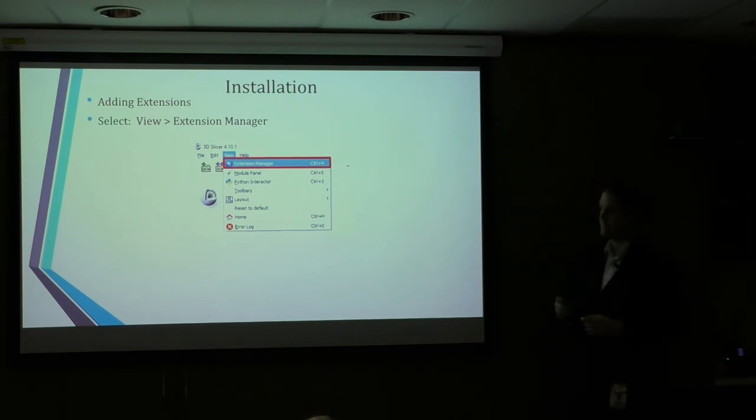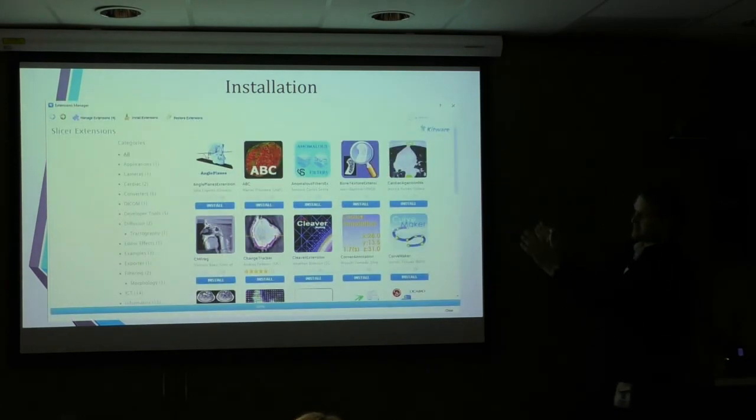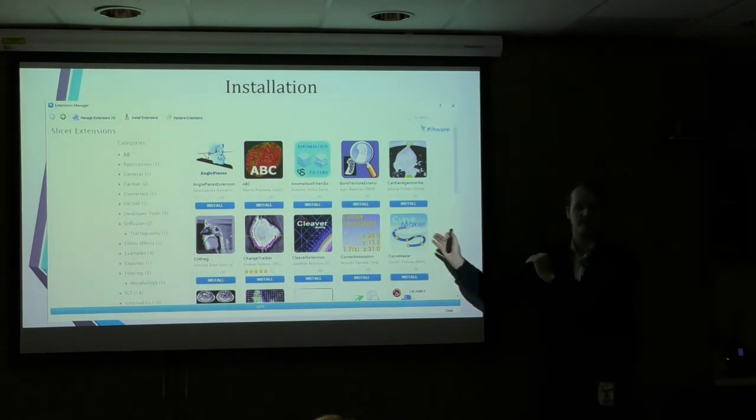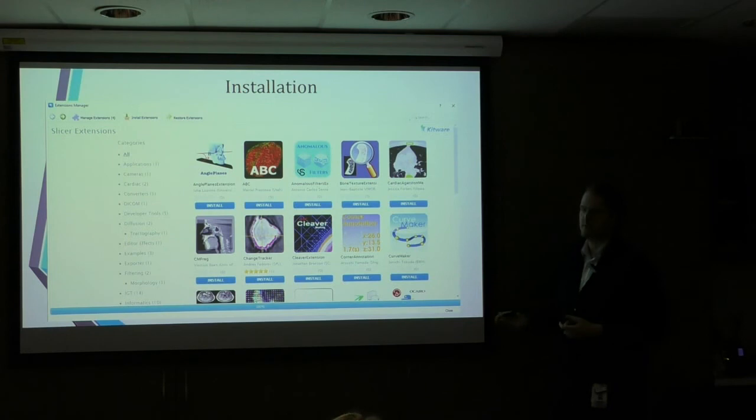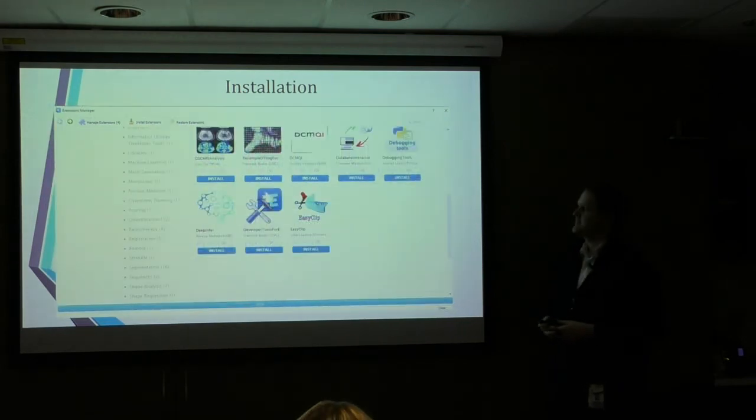So the extension manager, basically these are all various different projects that other people have worked on. It's a free-to-use software, so we have a variety of different extensions, and these all give you various different tools that allow you to do whatever you need to do in Slicer.